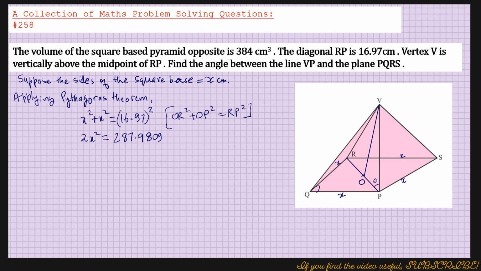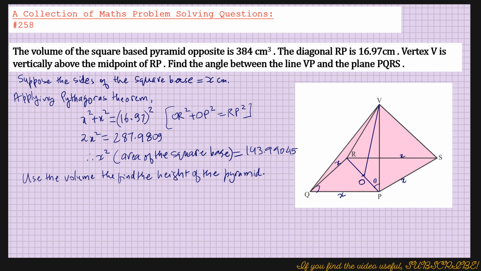So then we get 2x square is 287.9809, and x square, which equals the area of the square base, is 287.9809 divided by 2.